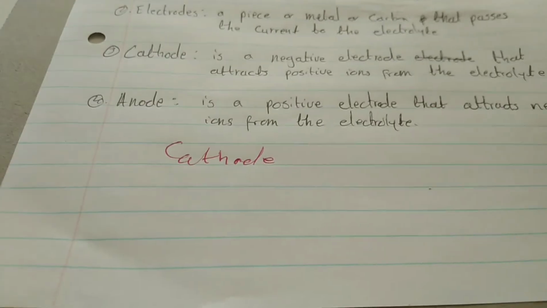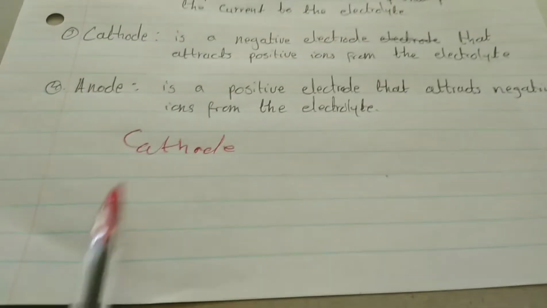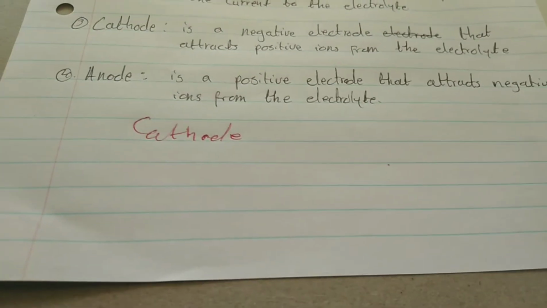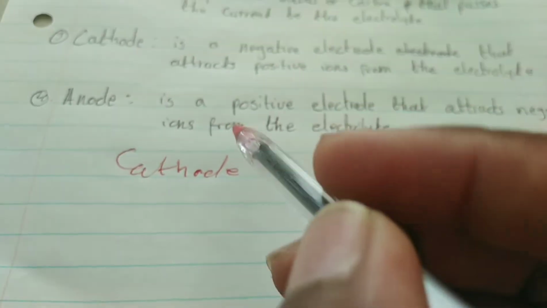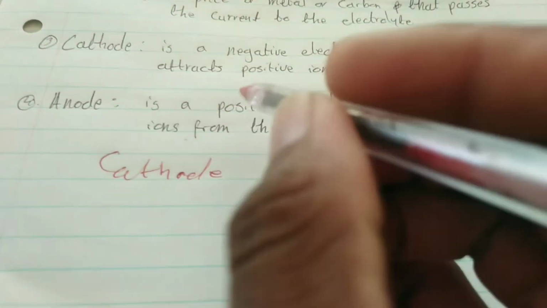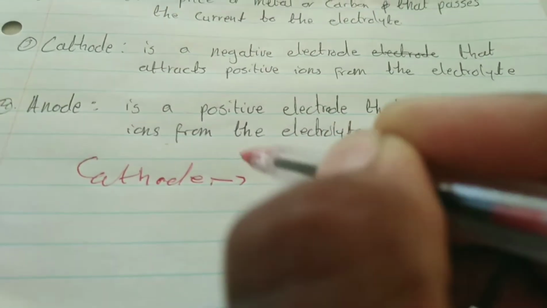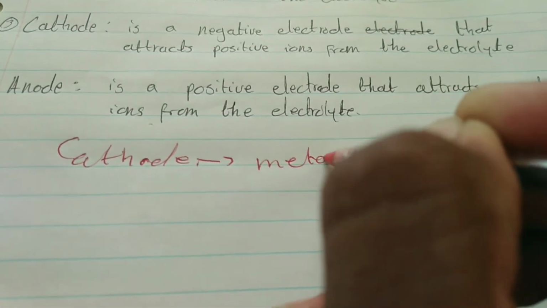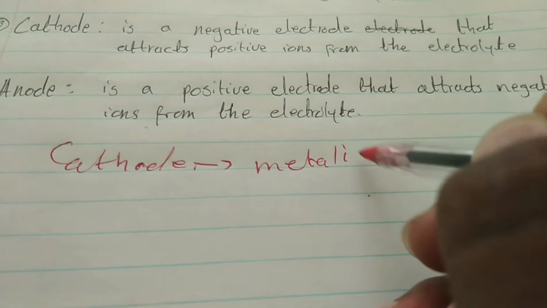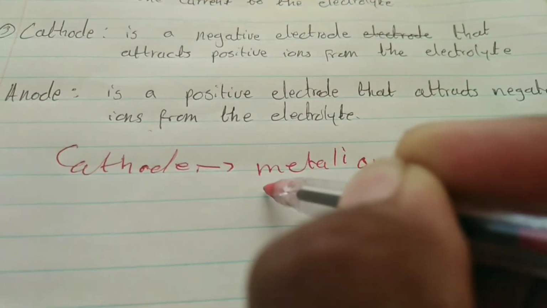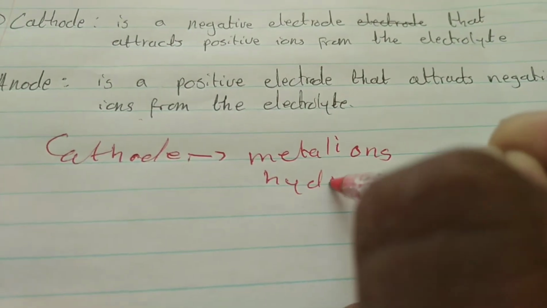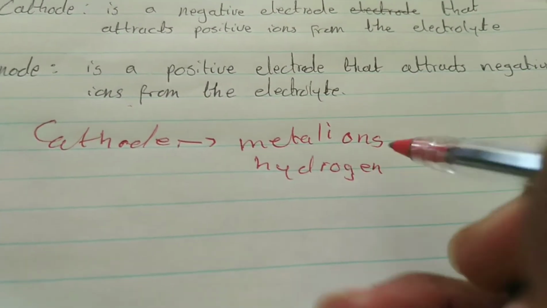So what will be attracted at the cathode are metal ions and hydrogen ions.